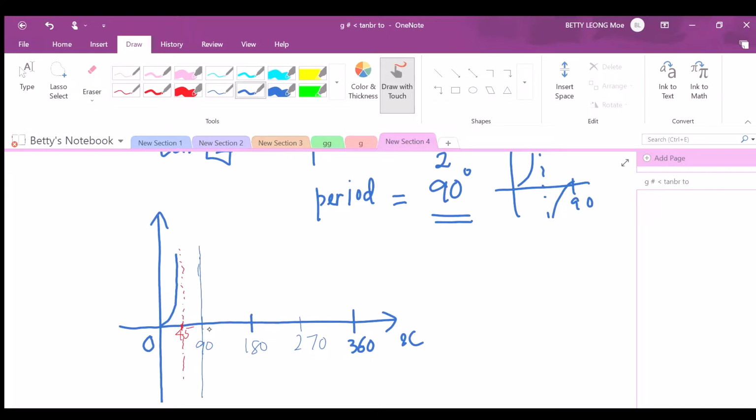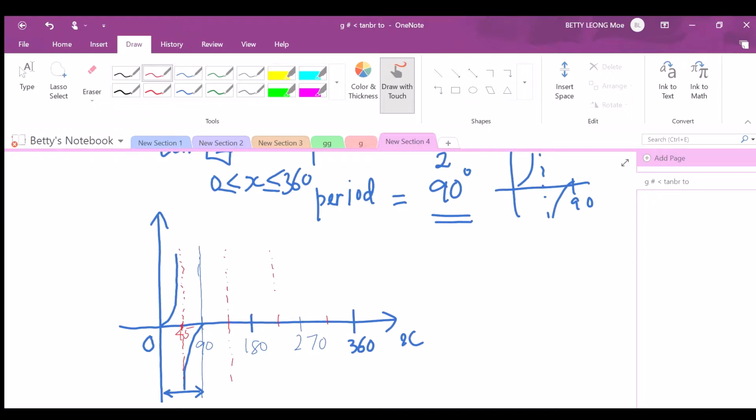So this is one complete cycle. The graph will continue because we want to draw from 0 to 360, but before that, let me do the center lines first. Every cycle has one center where you have that infinity line.